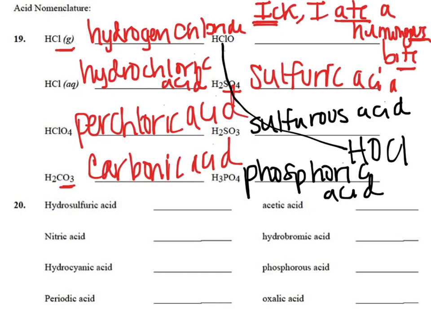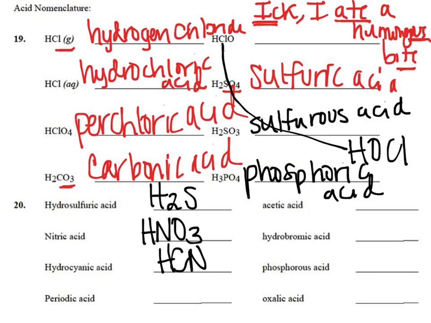So what's the formula for hydrosulfuric acid? H2S. What about nitric acid? HNO3. Hydrocyanic acid? HCN. Periodic acid, this one is weird, I had to go look it up. H5IO6.